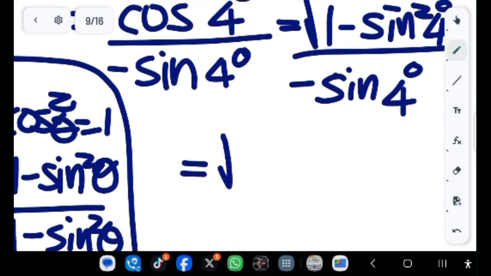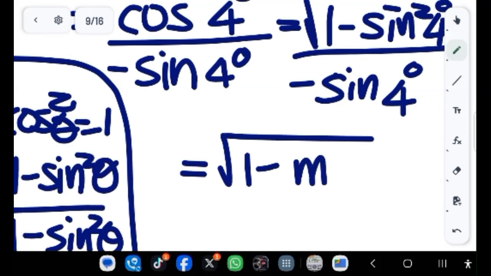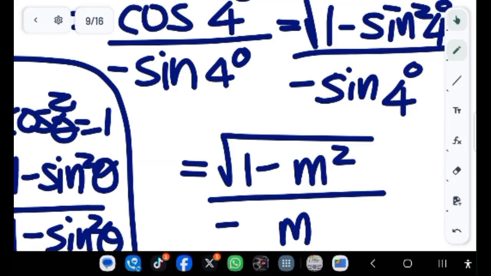So that will be the square root of 1 minus m squared over negative m. And that's your answer.